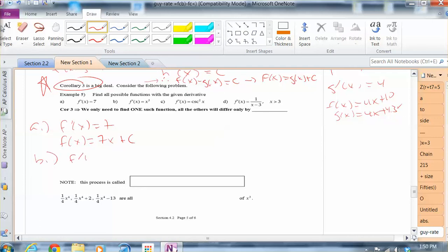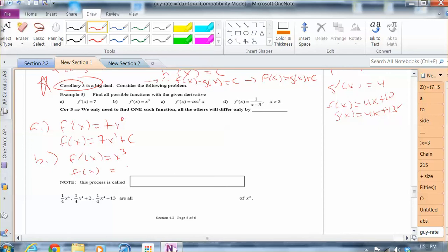Or let's look at b. If f prime x equals x cubed, now we noticed how when we had part a, 7x, that's 7x to the 1 power, and the derivative is 7, or it's like 7x to the 0 power. What we're doing is going the opposite direction from the derivative to the original function, where before, when we did the power rule, we had the original function and took the derivative by dropping the exponent by 1.